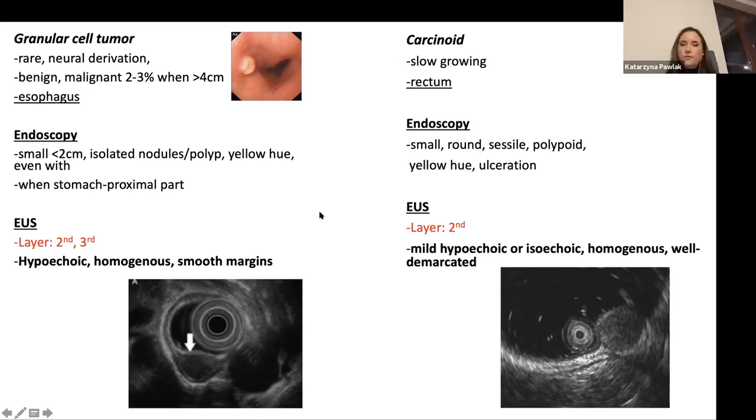However, in EUS examination, granular cell tumors arise from the second and even third layer. You will see that this lesion is hypoechoic, homogeneous with smooth margins, like here. And for carcinoid, this lesion will be mildly hypoechoic, sometimes even isoechoic, homogeneous and well bordered.